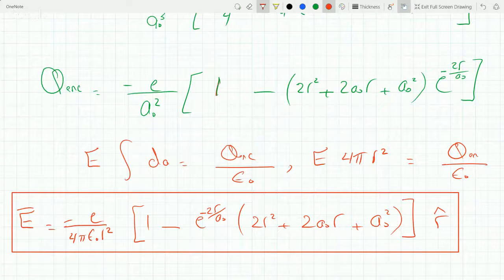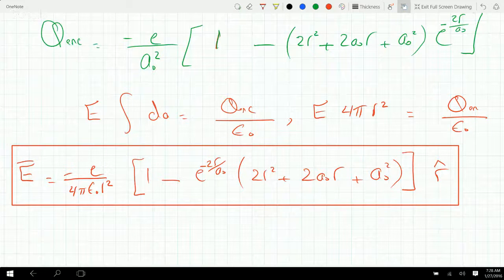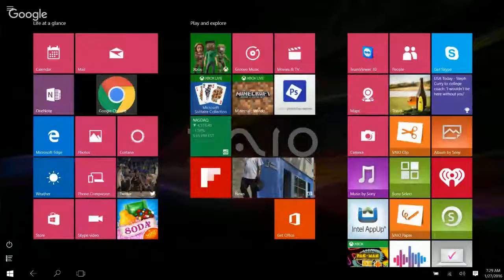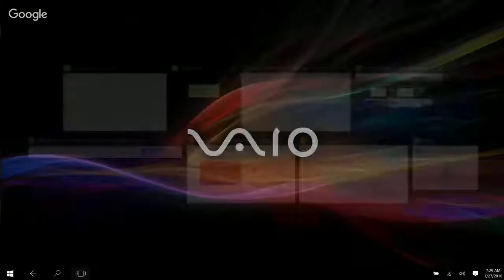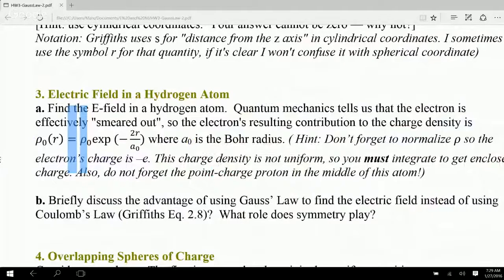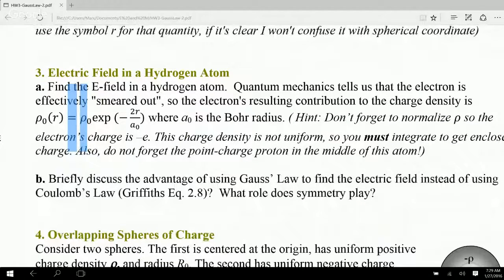Okay, let's take a look at the second part. It says, briefly discuss the advantage of using Gauss's law to find the electric field instead of using Coulomb's law. Of course, the integral is much simpler.